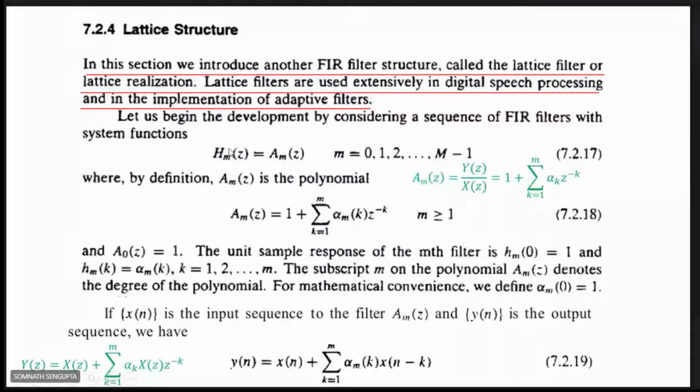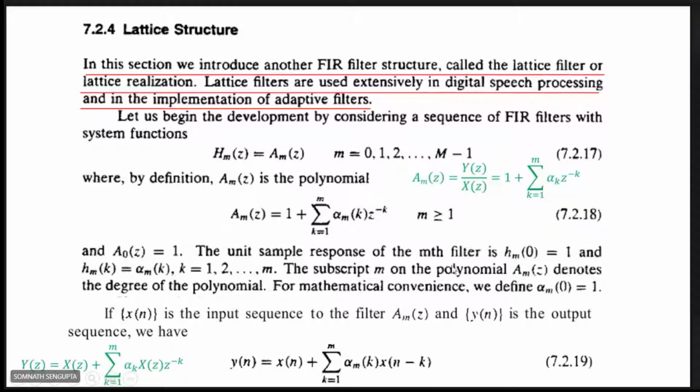So one filter is having transfer function Am or Hm. m is the order, so that means m number of stages will be there. At each stage, for a particular value of m, you will have some coefficients.